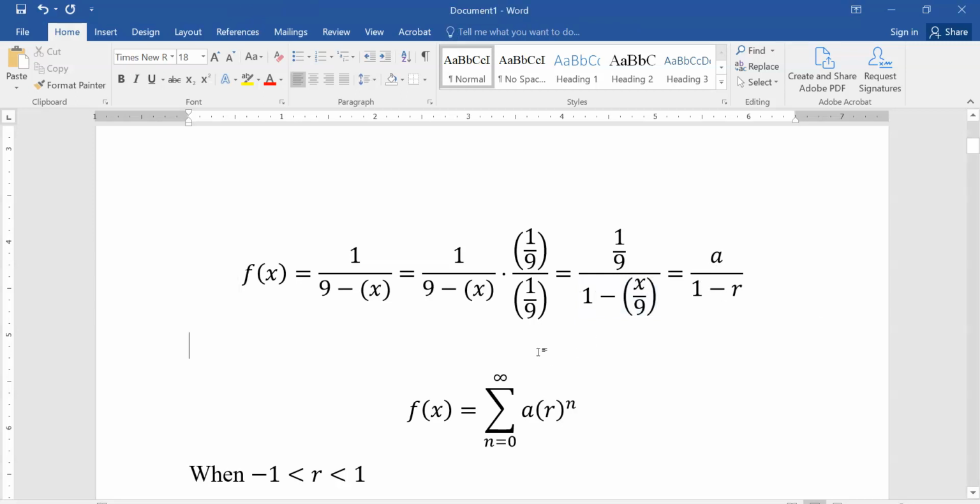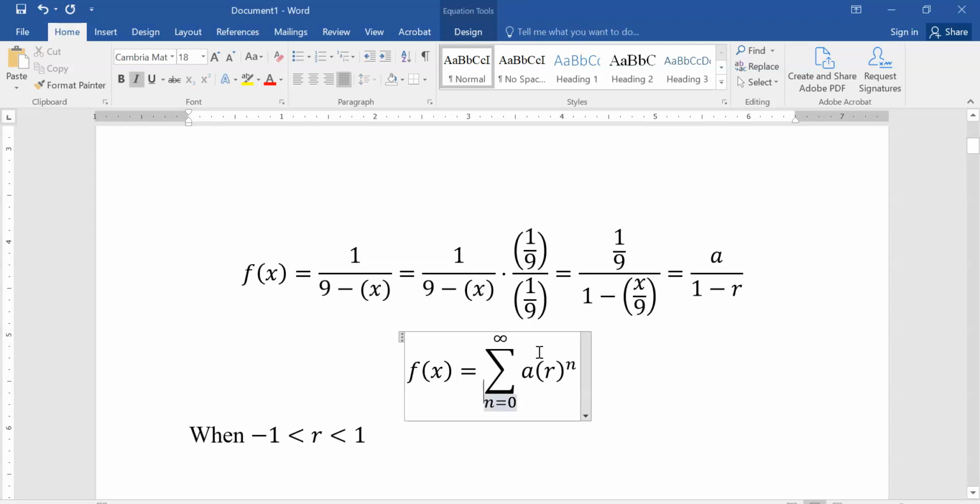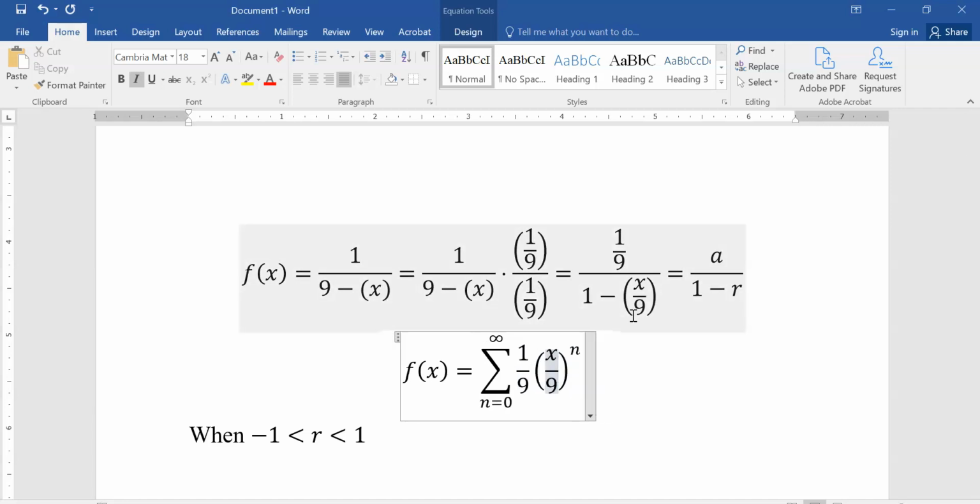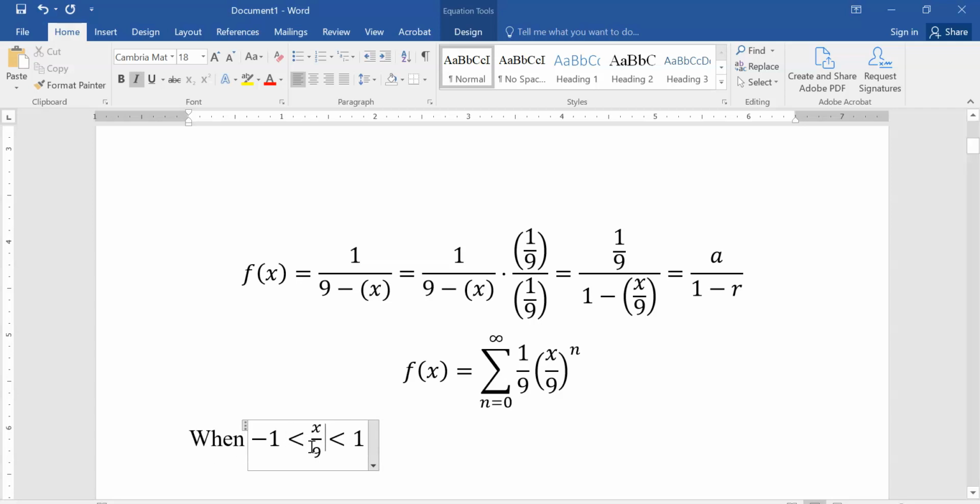All right, so now that we've established that, my function can be written as, well, if a is 1/9, we write that. My r is x over 9. We write that. So my function is exactly this power series whenever the r, in this case x over 9, is between -1 and 1.